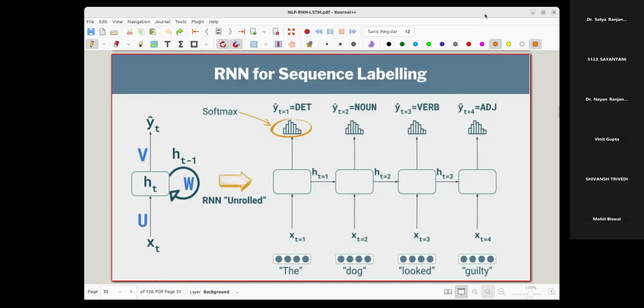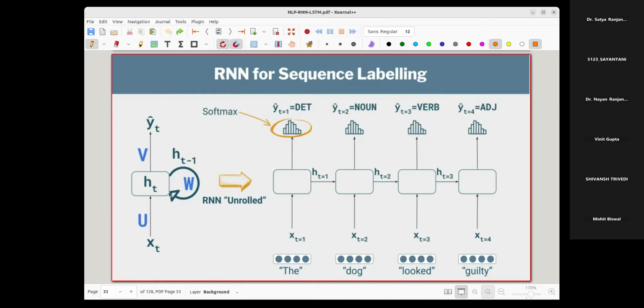Okay. Yes, there is a question. What is the question? Will the weights not change as we unroll? No, no. You see, just imagine it is a rolled thing. That means this is only one network. At different times, we are feeding one word. And as there is a recurrent connection, the previous information is not lost.